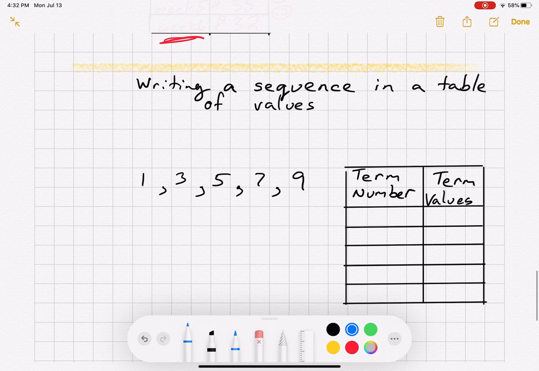So when we're writing a sequence in a table of values, right? So this is my sequence. If I'm looking at my sequence, okay, this here is term 1. This here is term 2. This is term 3. This is the third.